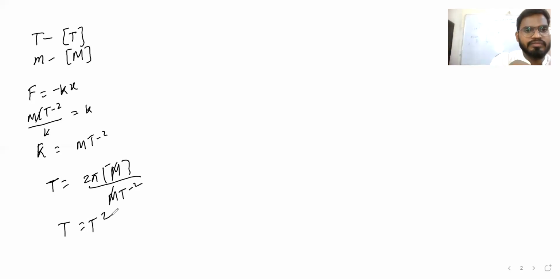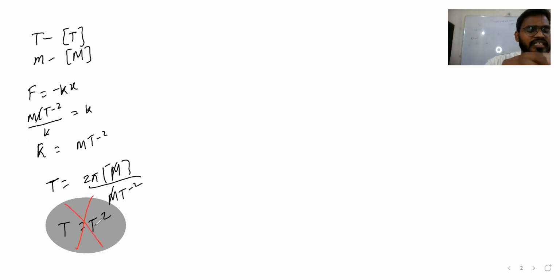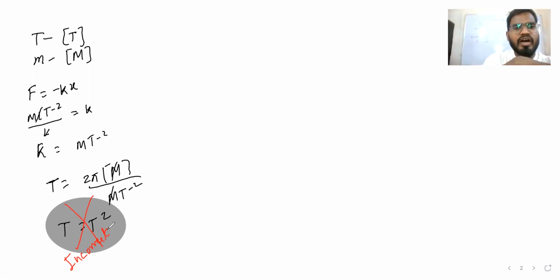That is not possible, both sides should be the same. If they are not the same, then we can say it is incorrect. So we have to make it correct.